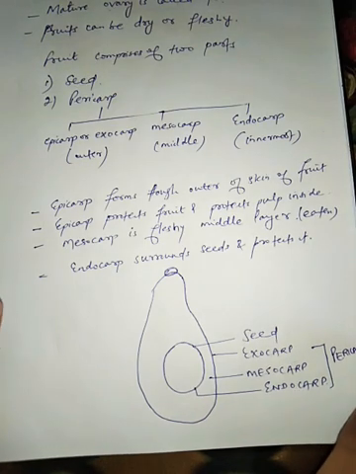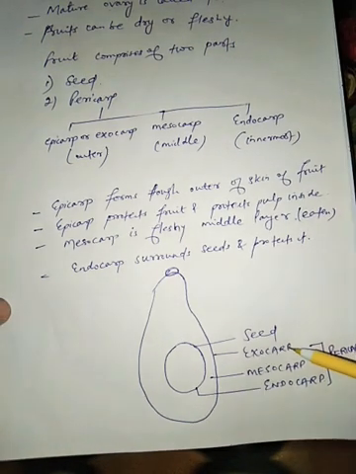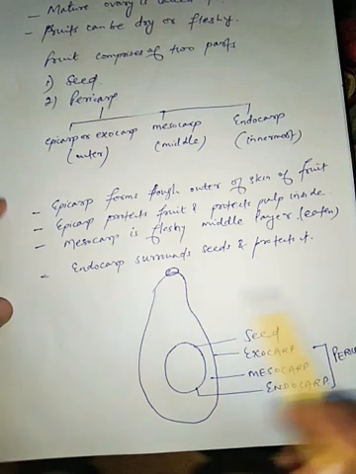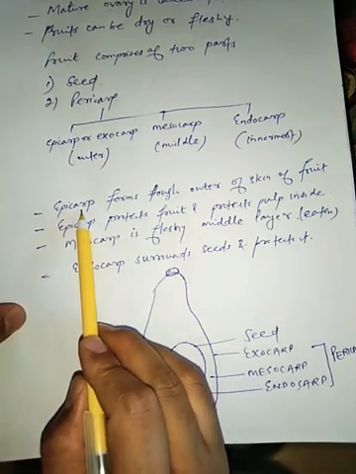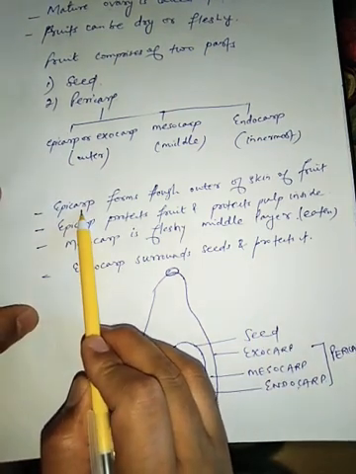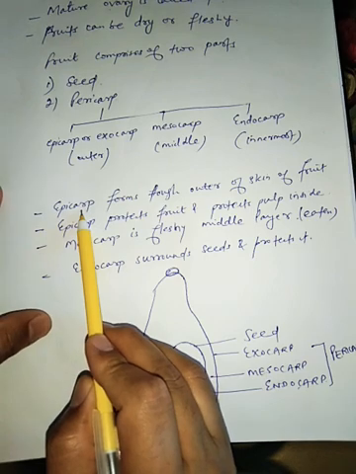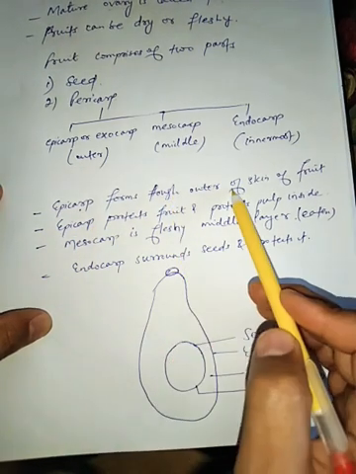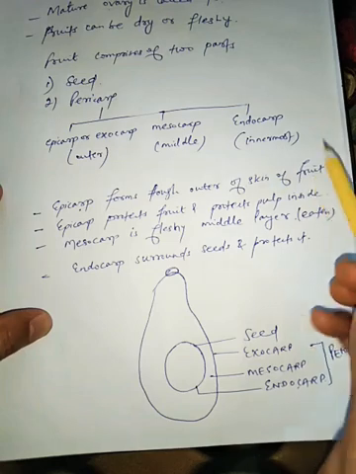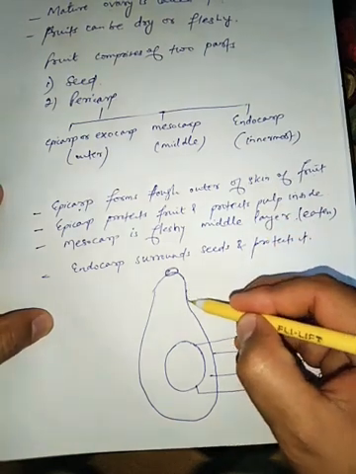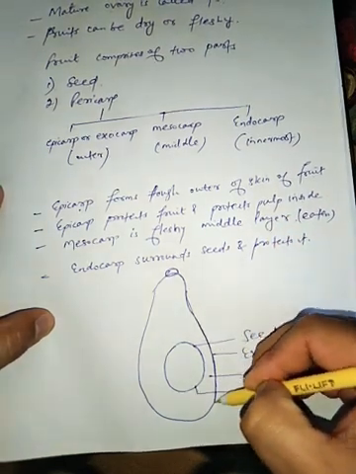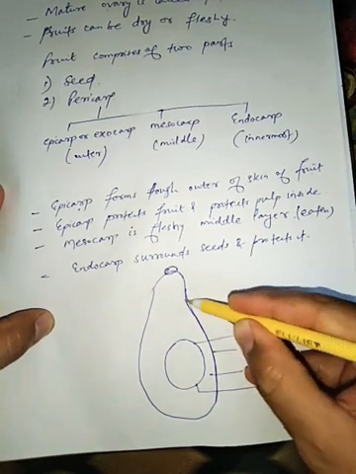Now students, see what are the functions of exocarp, mesocarp and endocarp. You can see here epicarp, that is the outermost layer of the fruit. It forms a tough outer skin of the fruit.